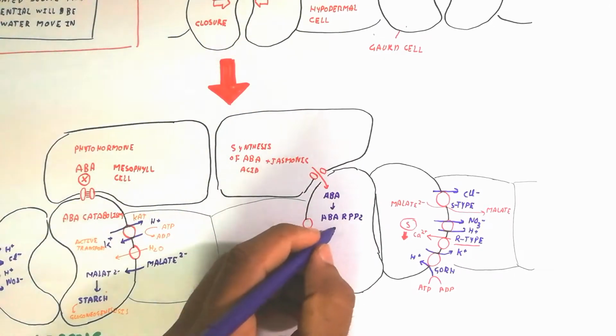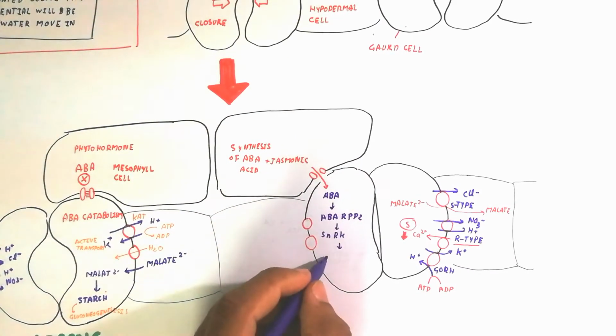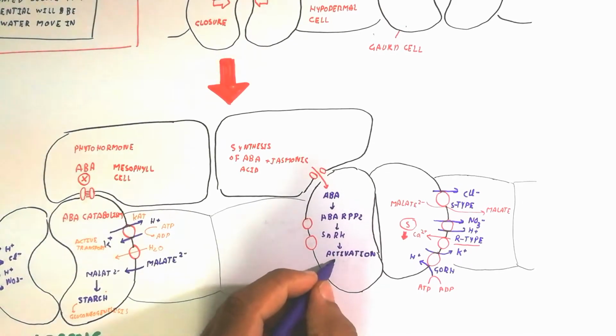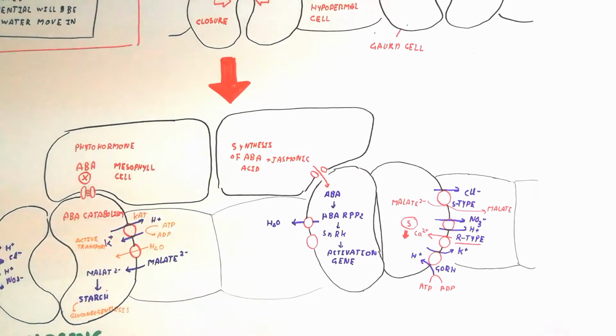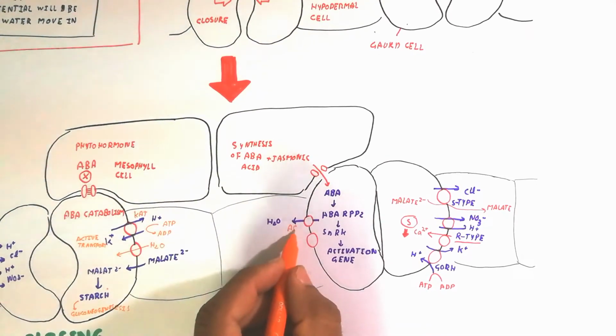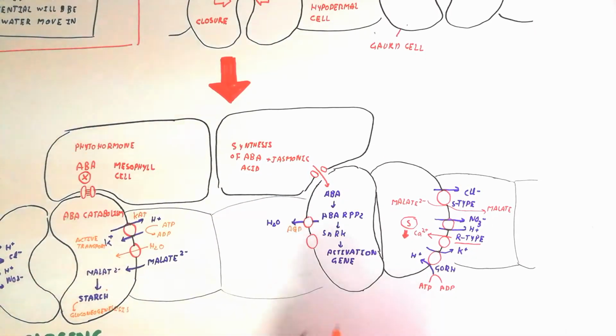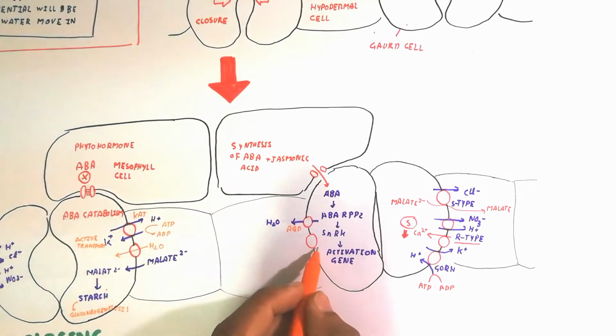Malate ion also excretes. It means the starch will not convert into glucose, and calcium ion goes inside for the actin protein, which is used for the constriction.